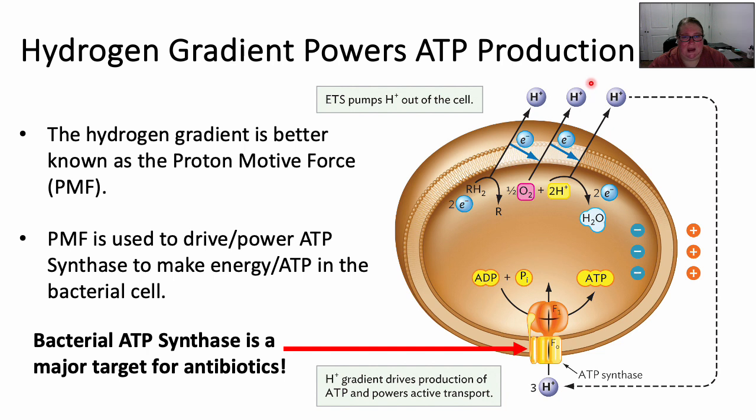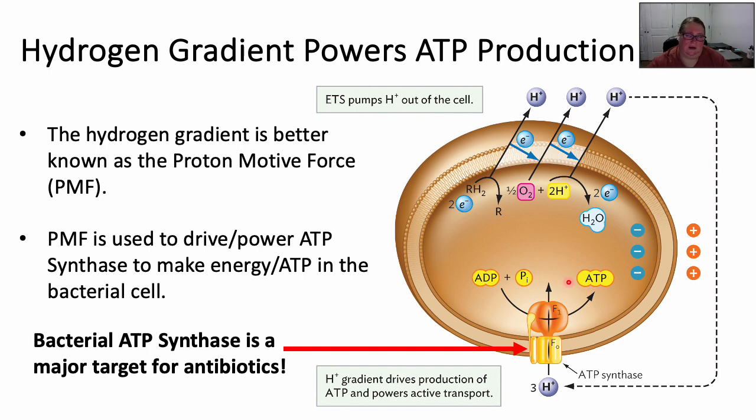The H plus ions then go through a channel in ATP synthase, causing part of ATP synthase to turn, kind of like a ratchet. This takes an inorganic phosphate and ADP and combines them to make ATP again, which creates energy for our cell.